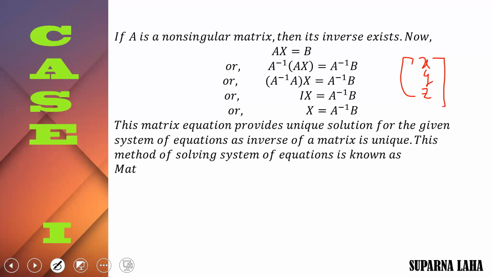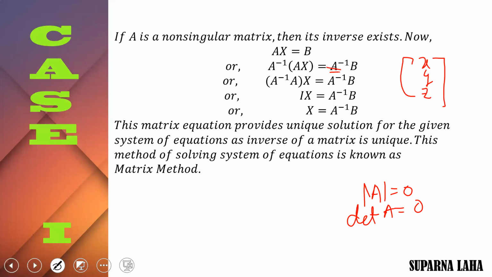Okay, now if A is a singular matrix, that means the determinant of A will be 0, or you can write |A| equals 0. Any notation you can use. So the determinant of A is 0. At that time A inverse does not exist.